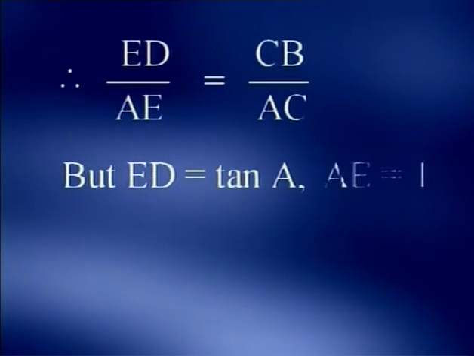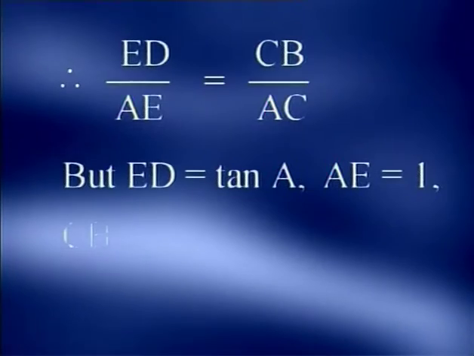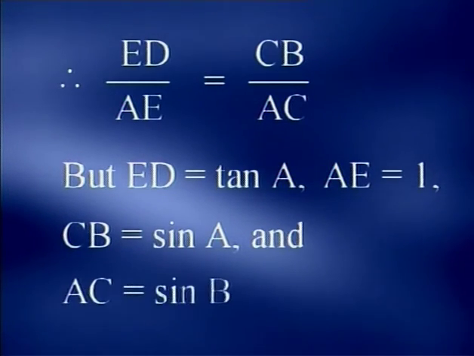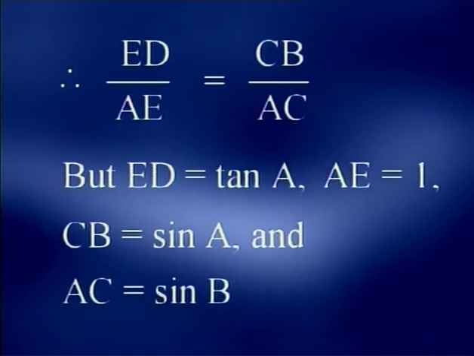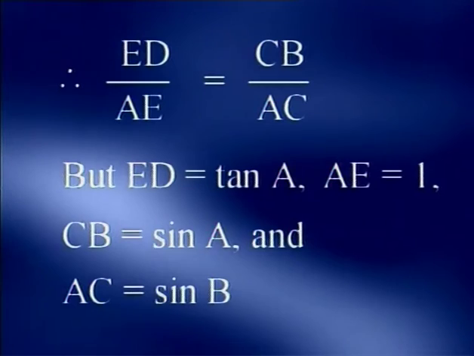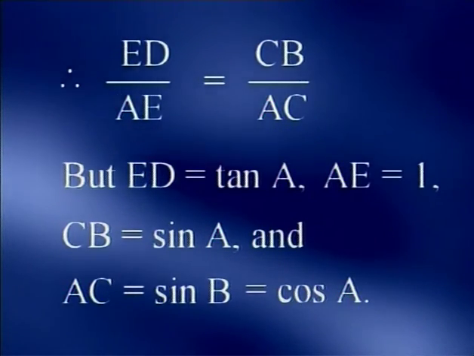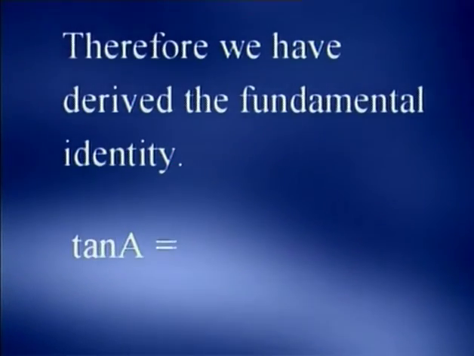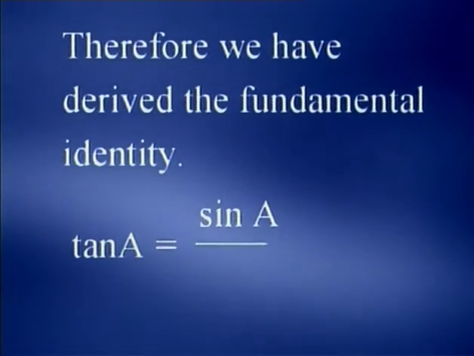AE is 1. Why is AE 1 here? Yes, the radius of the circle is unity here. Similarly, CB is equal to sine A and AC is equal to sine B. But we know that sine B is equal to cos A.